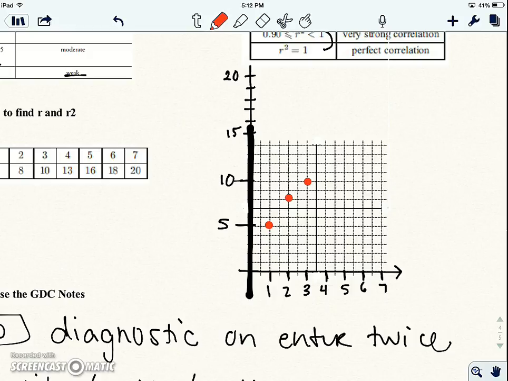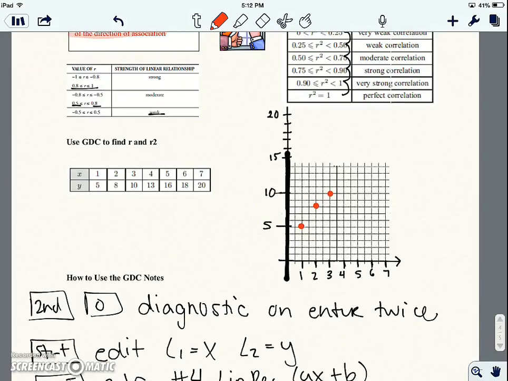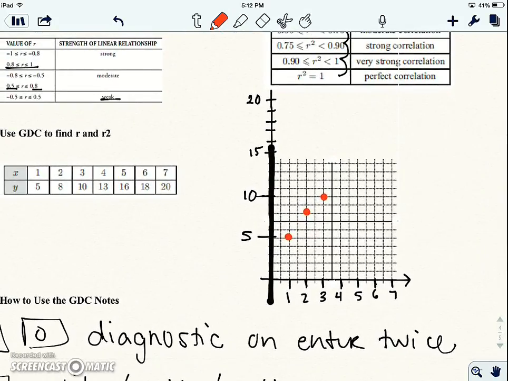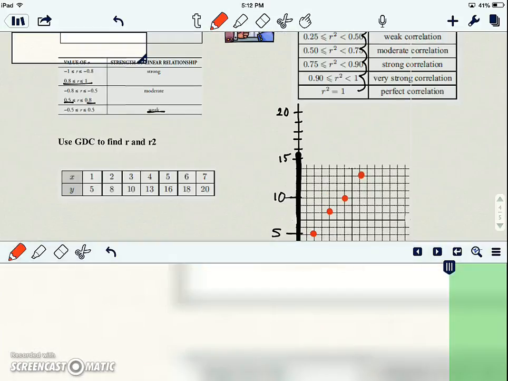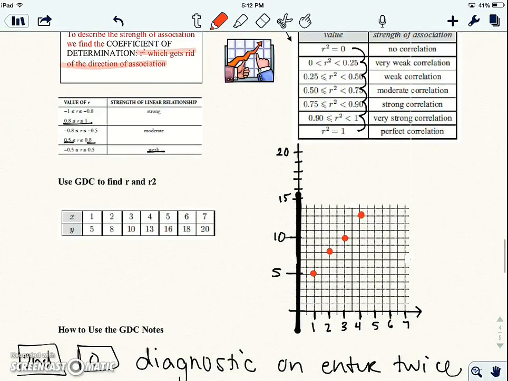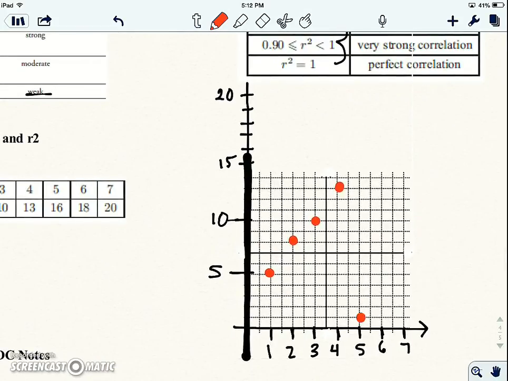4 is at 13. 5 was at 16. 6 was at 18. And 7 was at 20.